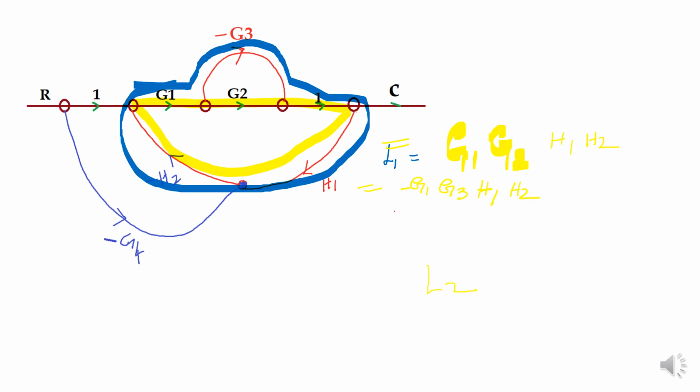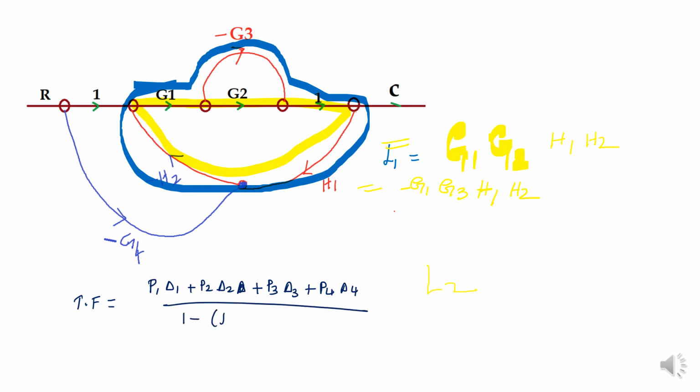After finishing loop number 1 and 2, what I have to do is apply this in the transfer function formula. So what is the transfer function? P1 delta 1, P2 delta 2, then P3 delta 3 plus P4 delta 4, divided by 1 minus loop 1, loop 2 and so on. Here what is P1?